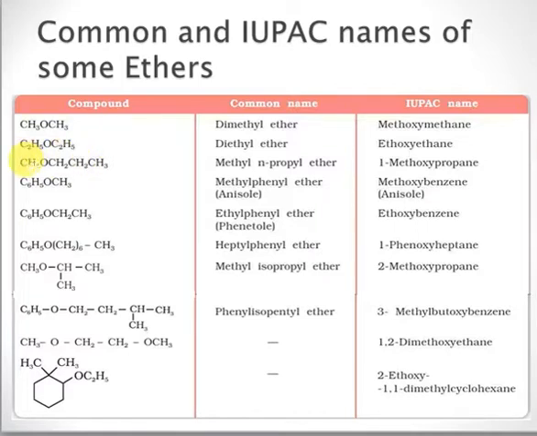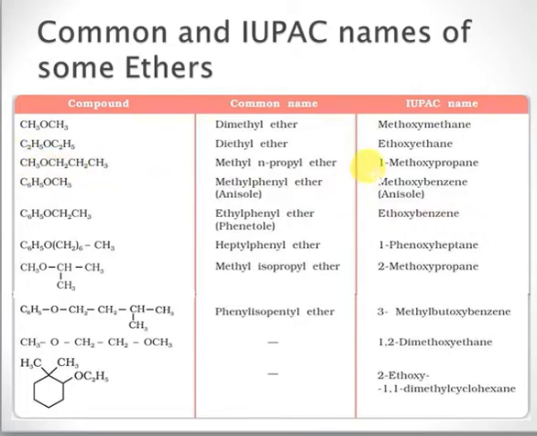In alphabetical order, M comes first and P comes next. So according to the common name we write methyl, then separated by n-propyl, followed by ether. But in case of the IUPAC nomenclature, since methyl is a smaller group, we say methoxy, and that will become the alkane, so this will be methoxypropane.